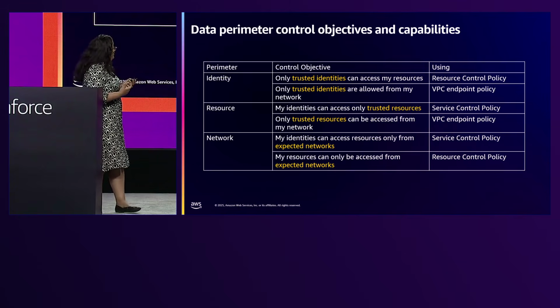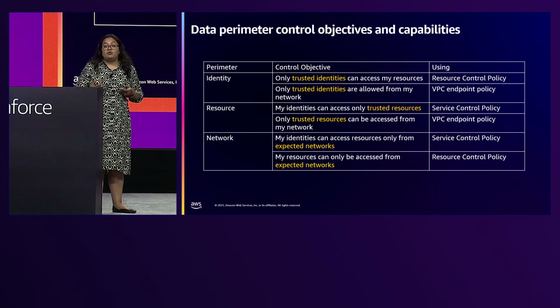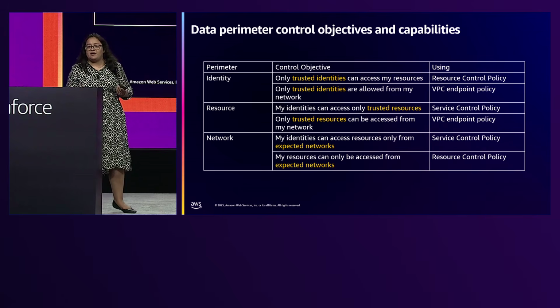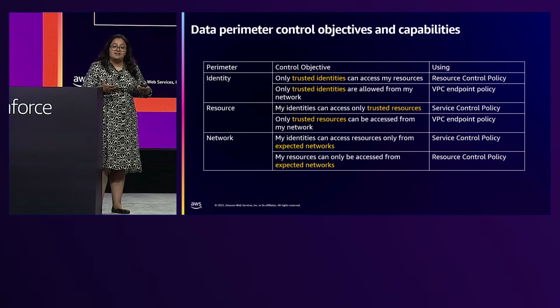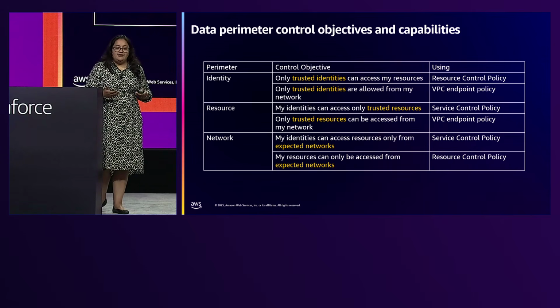Similarly, the resource data perimeter would help you reason about what is that particular user trying to access. For example, as I said, it can say Greg's team cannot access data outside of my trusted resources because that is the data he needs to build his AI application on. That is the data that the model should be trained on. And then finally, network, as I said, where is the request coming from?